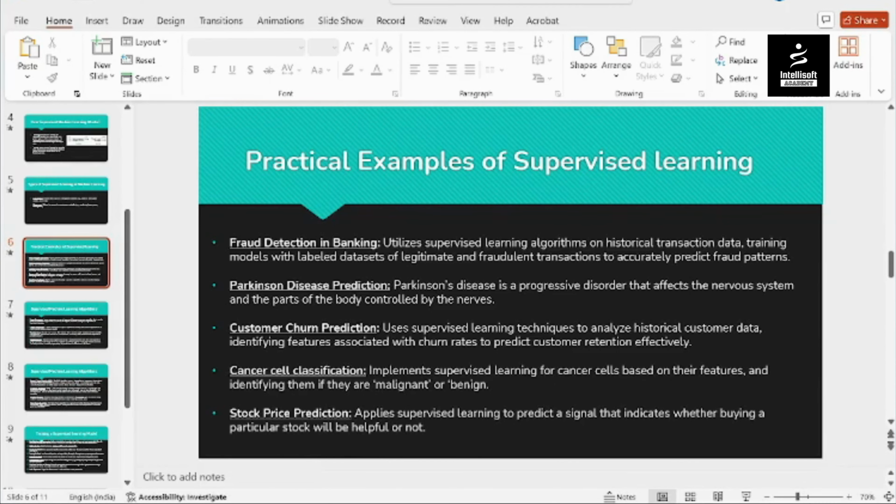The sixth slide, examples of supervised learning. Do you want me to explain it again?